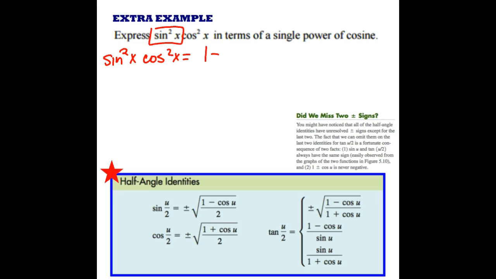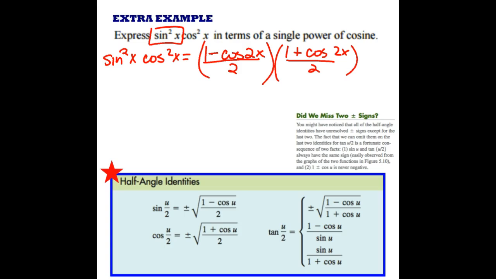Say it again. 1 minus cosine of 2x divided by 2. And then for cosine squared, it's 1 plus cosine of 2x divided by 2. We good with that?